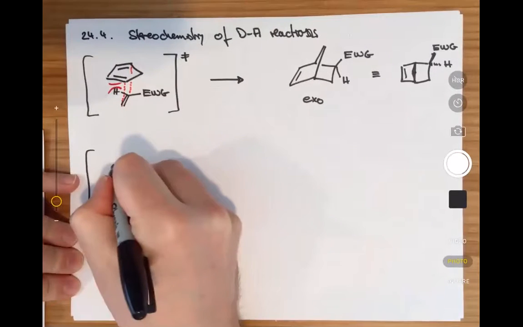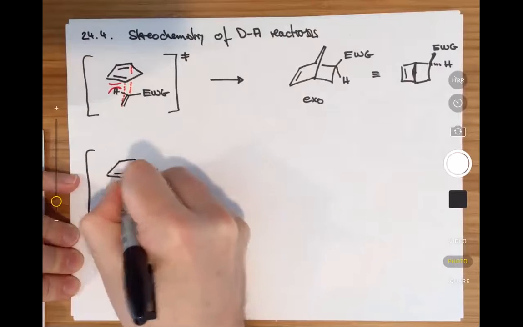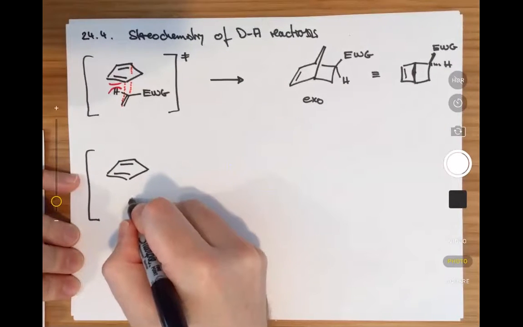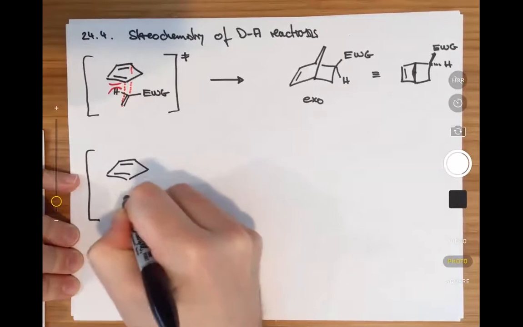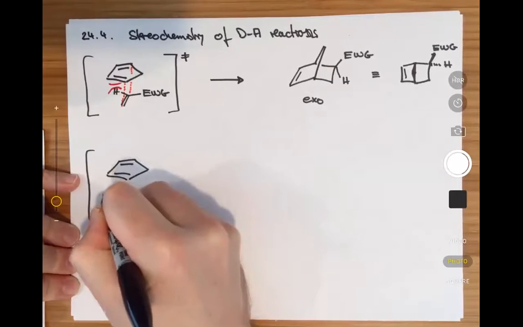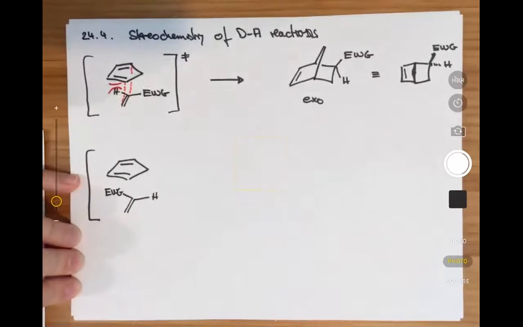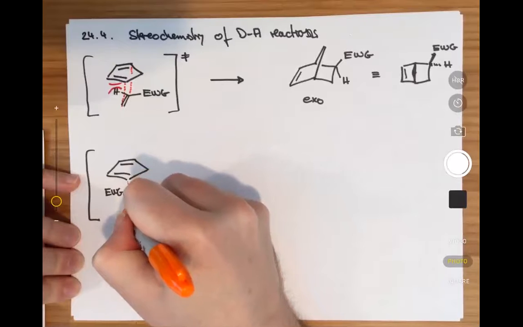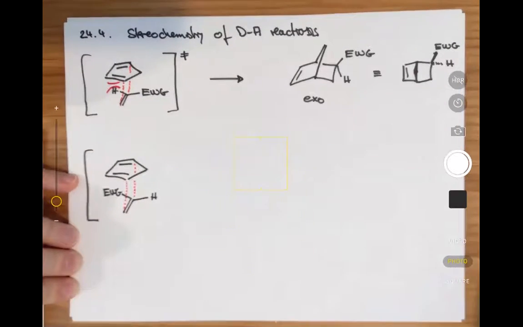So we again can draw our 5-membered ring here. And this time we just swap this around. We have our double bond again. This time we push our hydrogen out here and we tuck our electron withdrawing group underneath the ring. Now we can do the same experiment from the transition state. You can form a bond between this end of the pi system and this end of the pi system.